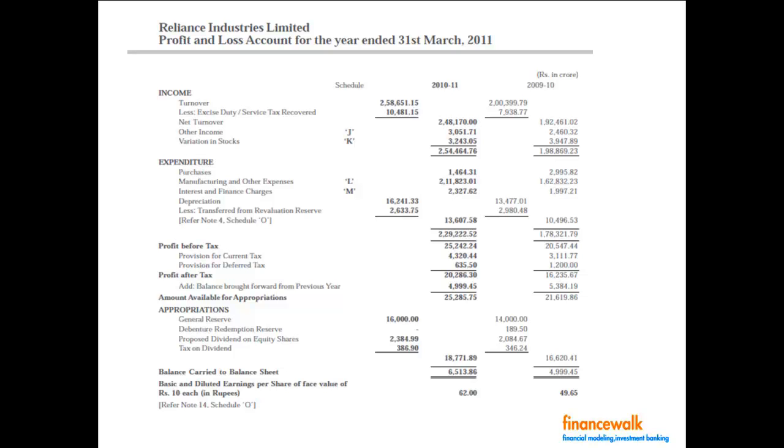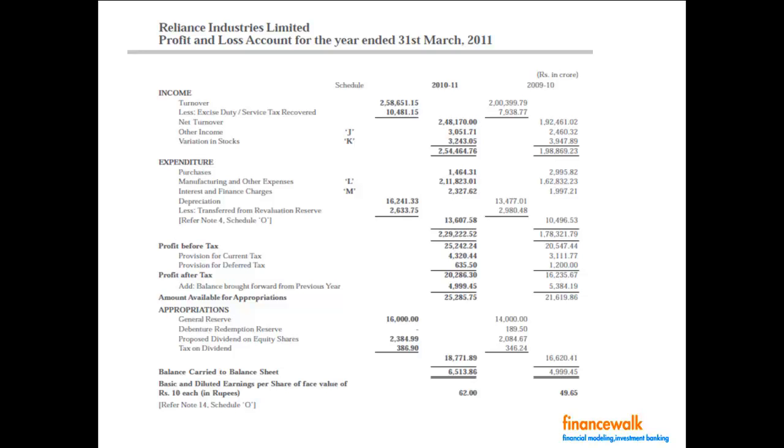The second column is the schedule, with letters like J, K, L, M denoting the names of schedules, where you will see a detailed explanation of each item. Next is 2010-11 and the previous year 2009-10, so you can see a comparison between these two years for every item.